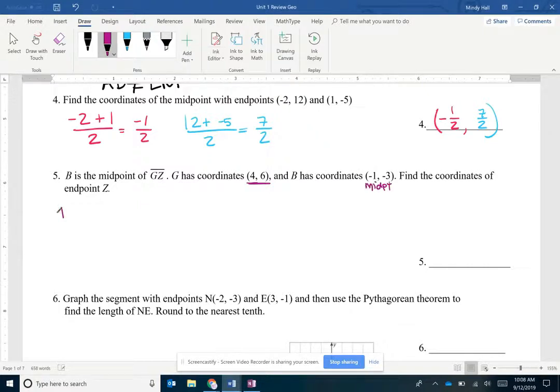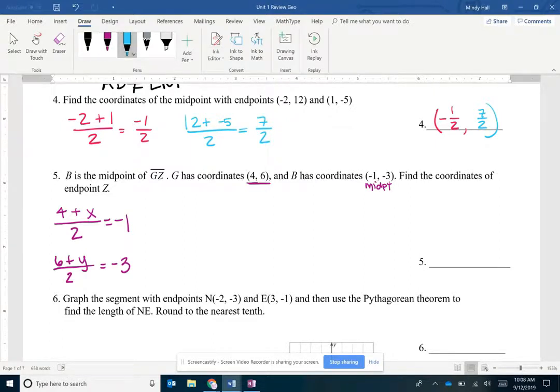So I would have 4 plus my unknown x value divided by 2 equals my midpoint x value. And then my y value, 6 plus my unknown y value divided by 2 equals my midpoint y value, which is negative 3. For both of these, you would multiply both sides by 2 and then subtract the numbers that are with the variables.